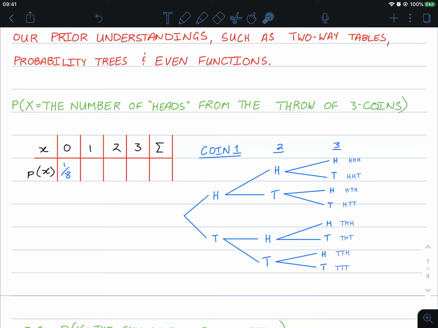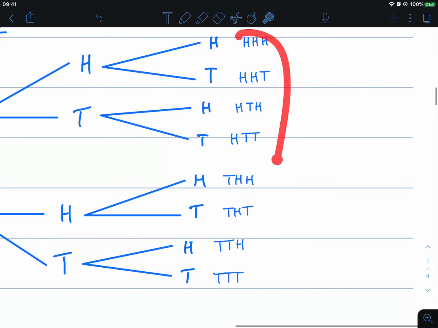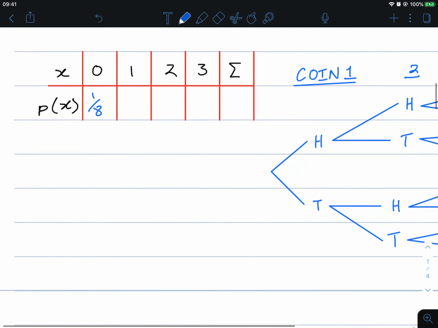The probability of getting 1 heads in the throw of 3 coins. So let's look at all the results here, and let's count the individual results that have only 1 heads in them. There's 1, that's 2, and that's 3. So that's 3 out of 8.